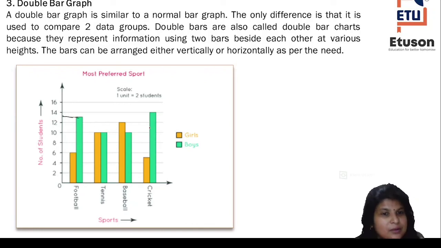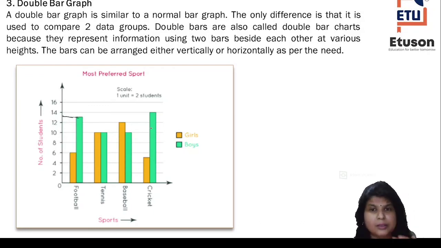So from the double bar graph, you can compare the data which belongs to maybe different variables but belongs to the same category. So this is the significance of your double bar graph.